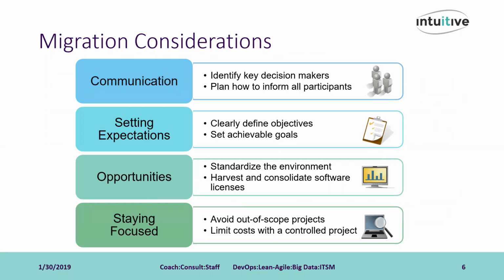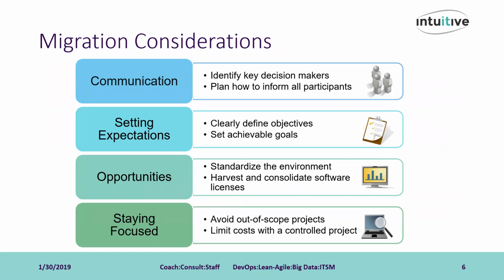is absolutely critical here. Next up is setting expectations, making sure we clearly define our objectives of the migration. And if they change even slightly, be sure to update the team. So we set achievable goals here, conduct time estimates of the effort involved to migrate one computer, for example, and assign our resources accordingly in the migration schedule.